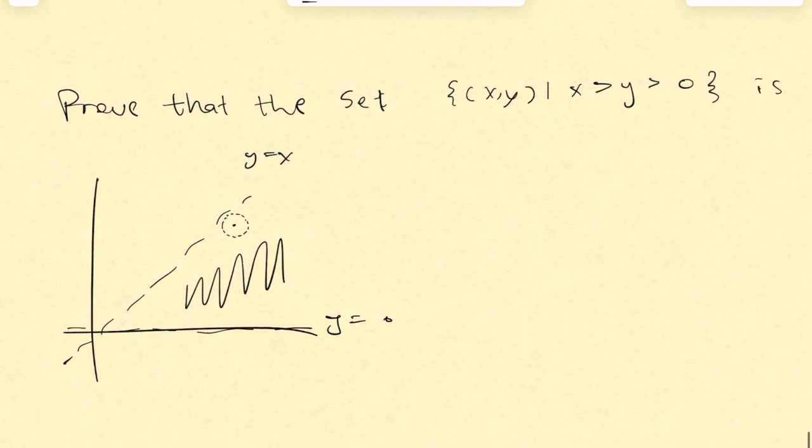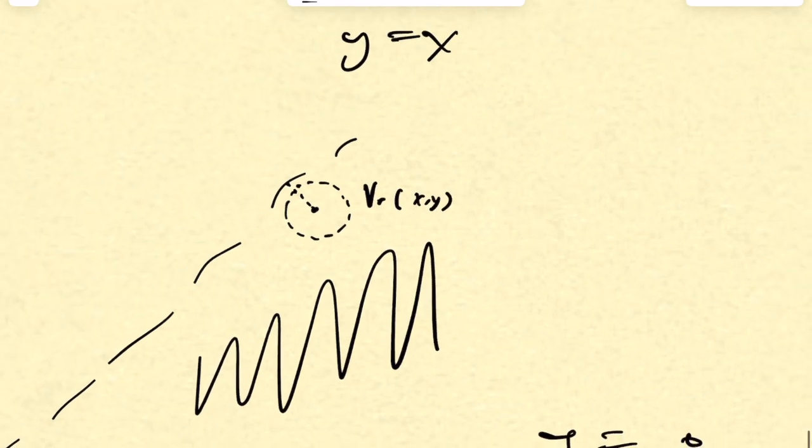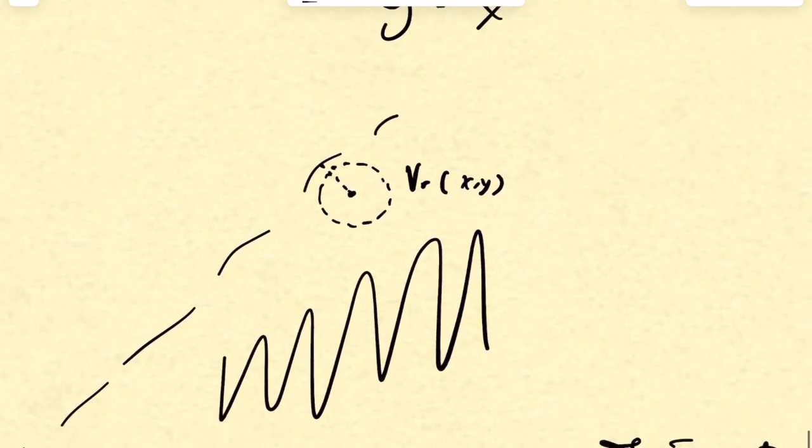Now, some of you may think, can we find a formula for the distance between a point and the line, and then pick the radius of this open ball B_r(x, y), and make sure that the radius is strictly less than the smallest distance from the point to the line?